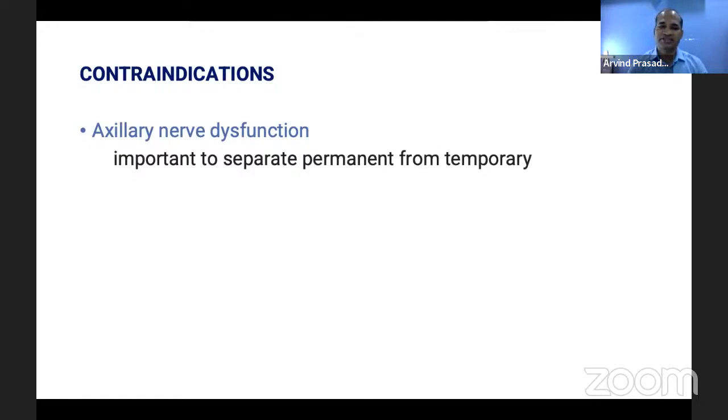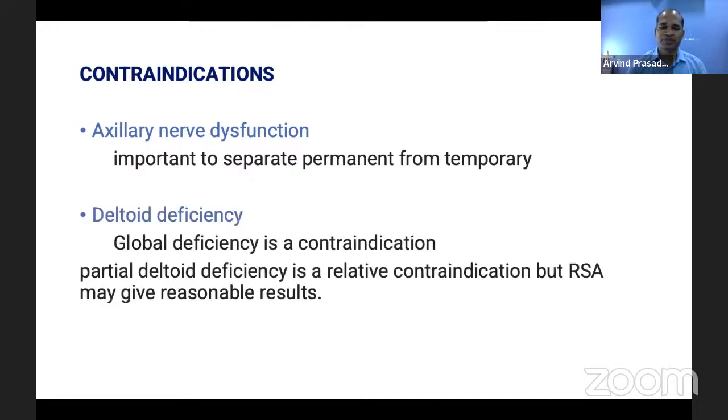So starting with the axillary nerve dysfunction, again, you have to differentiate between temporary and permanent, because in trauma cases, a couple of cases will have temporary axillary nerve dysfunction, so they have to be separated from the permanent. Then there is deltoid deficiency.